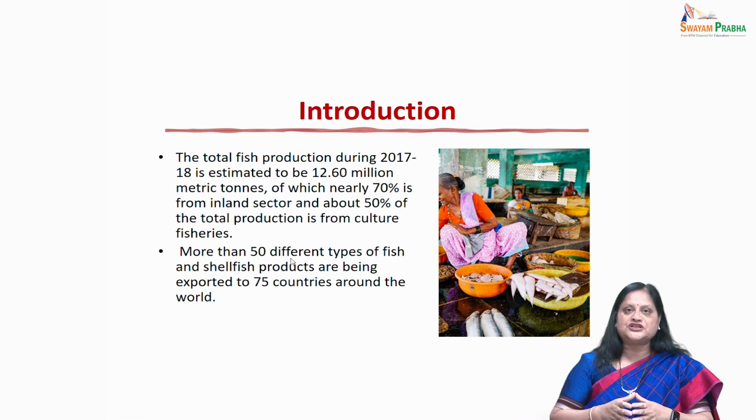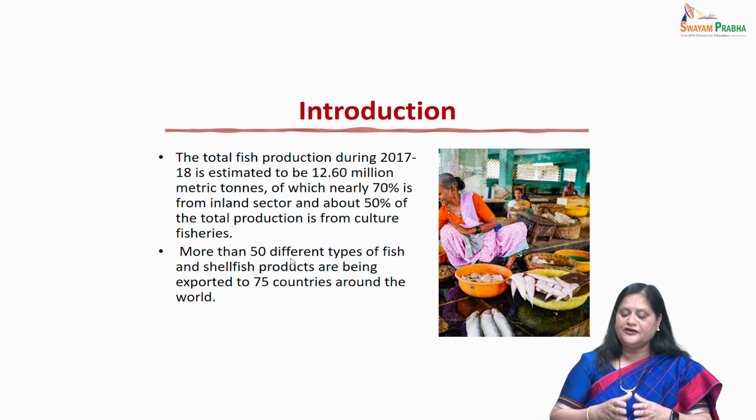The total fish production during 2017-18 is estimated to be 12.60 million metric tons, of which nearly 70% is from the inland sector and about 50% of the total production is from culture fisheries.